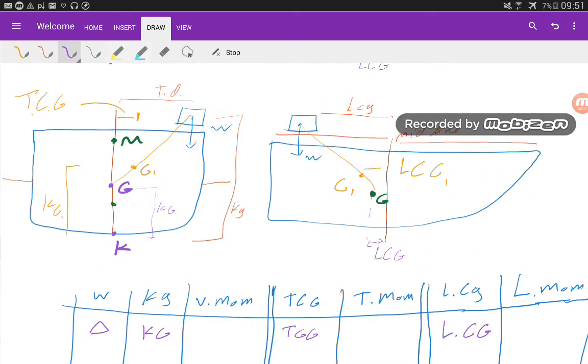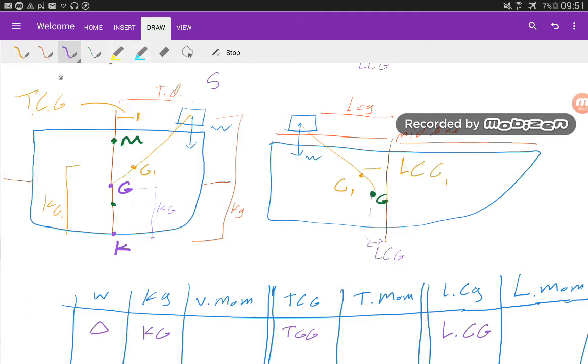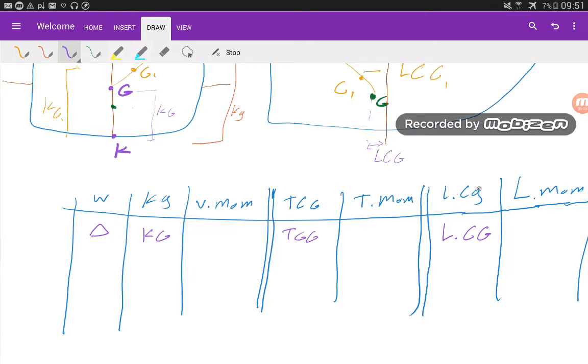So all the time remember, while we are using 3D, sometimes our cargo or center of gravity might be at the starboard side or port side. This is the starboard side, this is the port side, this is the aft side of the vessel, and this is the forward side of the vessel. For positions, it's important to mention the position either aft or forward, or starboard or port, either for the transversal center of gravity or for the longitudinal center of gravity.